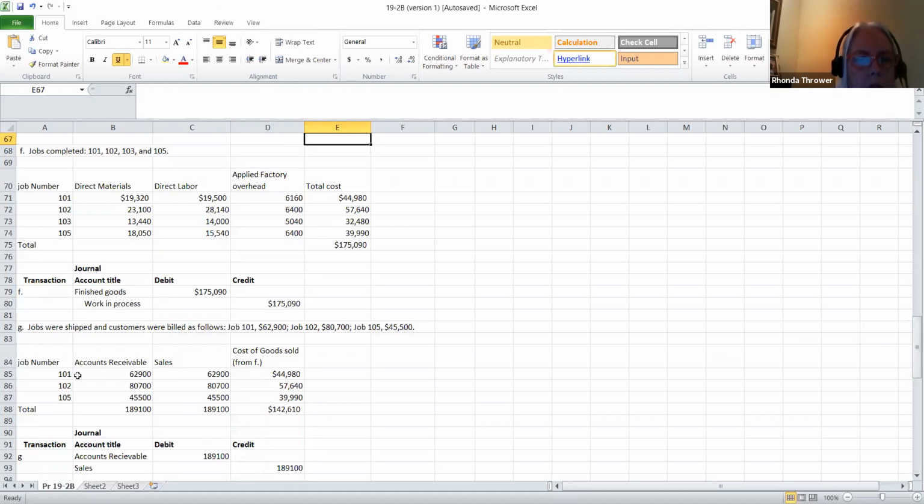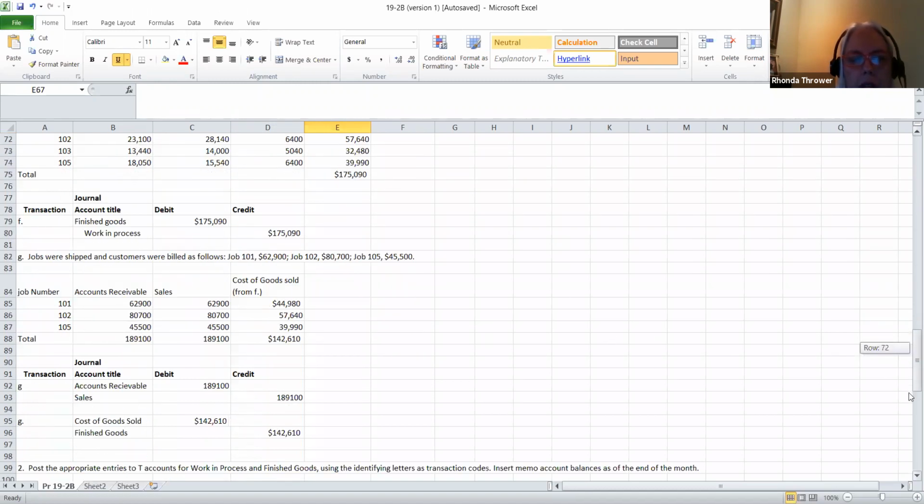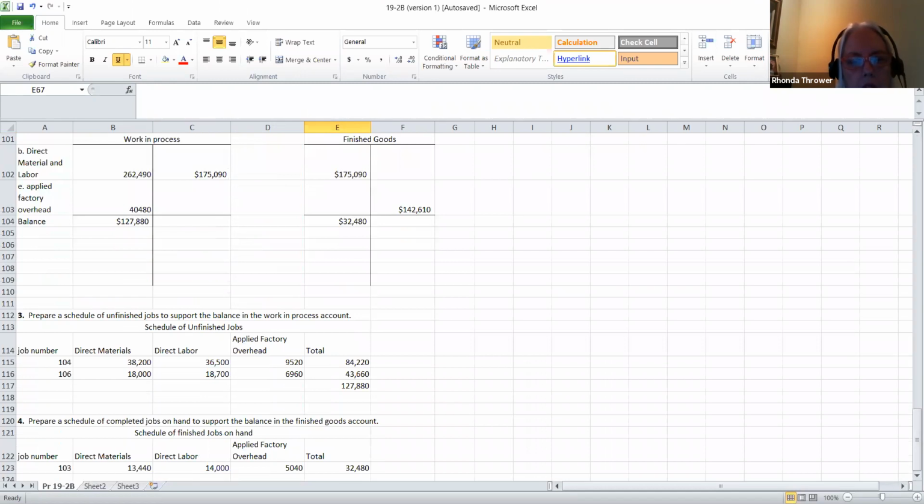So what we did ship was job number 101, 102, and 105. What we have left is this job number 103. And basically you could take this, if you had it in Excel, and copy it and paste it into the schedule of unfinished jobs.